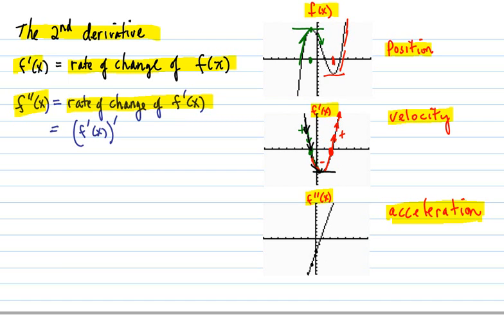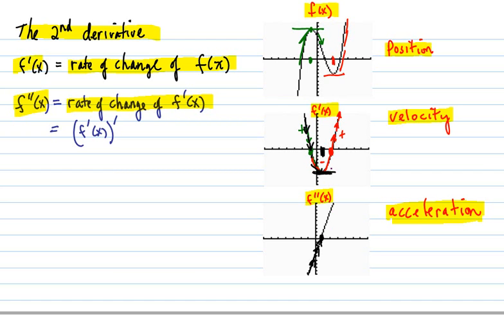So f double prime was all negative here until this point, which corresponds to this point. There, f prime had a level point, slope 0, which means that its derivative, which is f double prime, had a 0 point there.